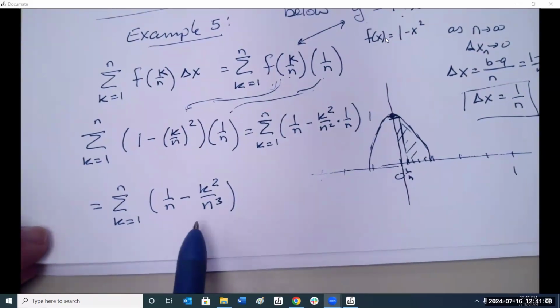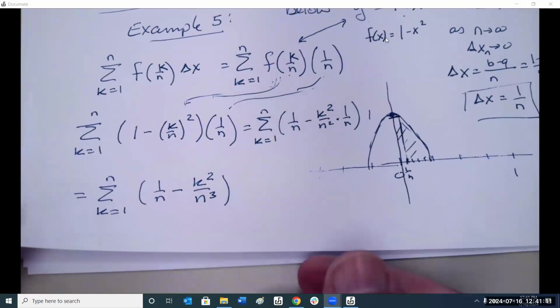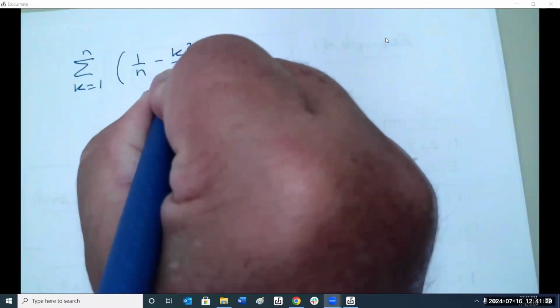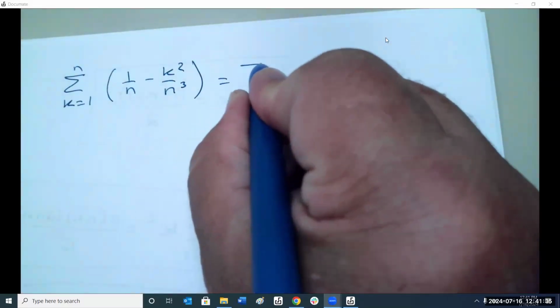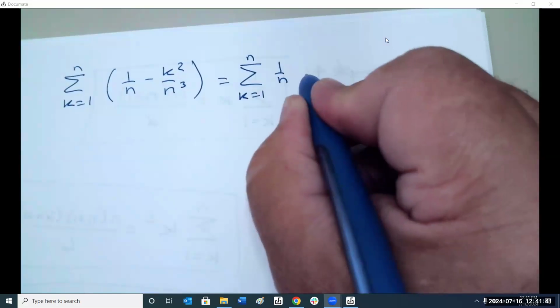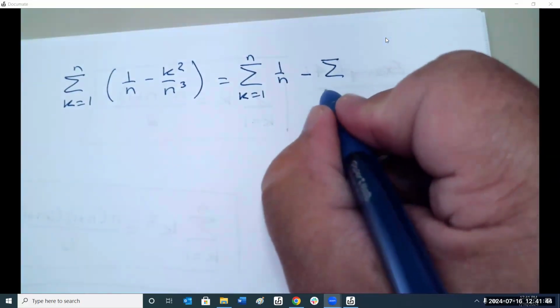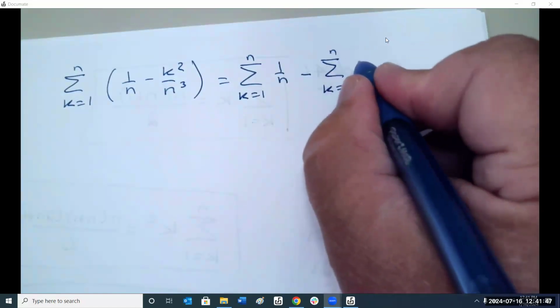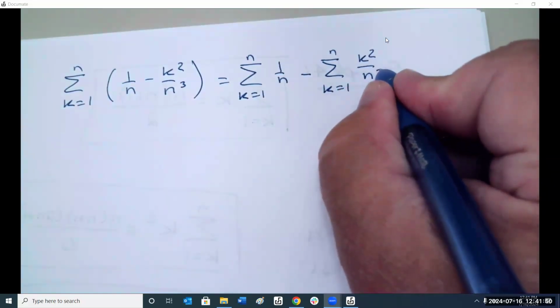This is the difference rule. So we have summation of k equals 1 to n of 1 over n minus k squared over n cubed. So that becomes summation as k goes from 1 to n of 1 over n minus summation of k equals 1 to n of k squared over n cubed.